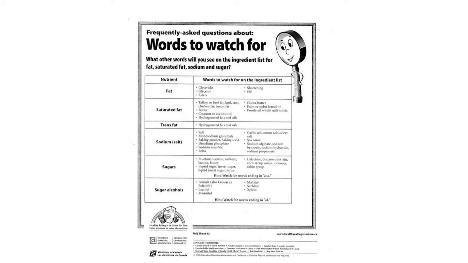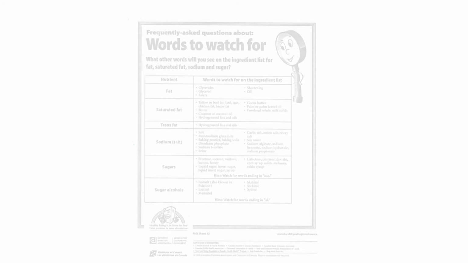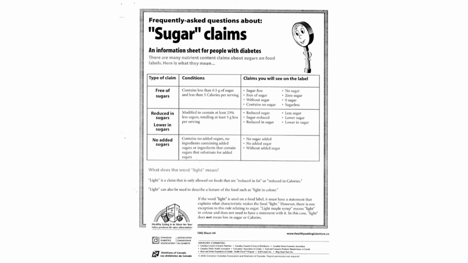And then there are also going to be claims on top of different packaging, and you might have seen them before. There might be a claim like free of sugar, and people don't always know what it means, but it doesn't mean that there's no sugar in that food. As you can see on screen, it just means there's less than 0.5 gram of sugar and less than 5 calories per serving.